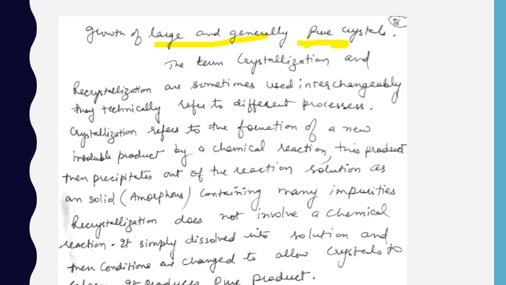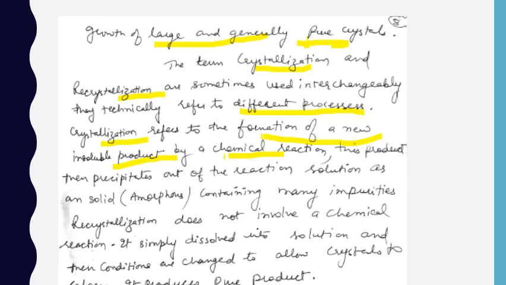The terms crystallization and recrystallization are sometimes used interchangeably, but technically they refer to different processes. We cannot say they are both the same. Crystallization is a separation as well as a purification technique. It can be a separation, like the formation of a new insoluble product by a chemical reaction.